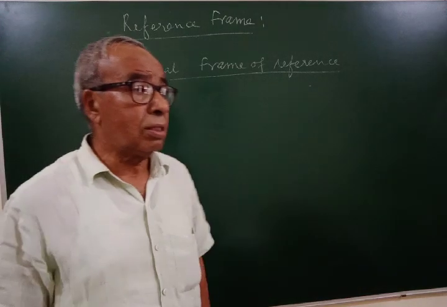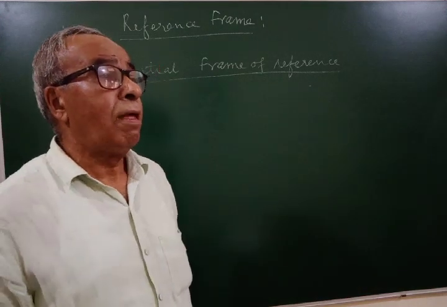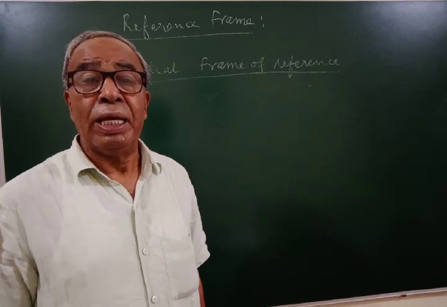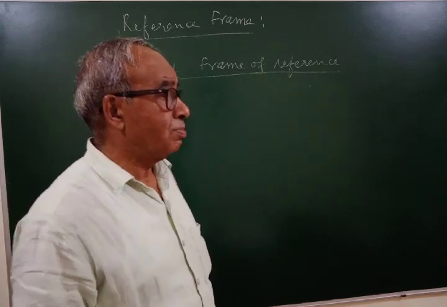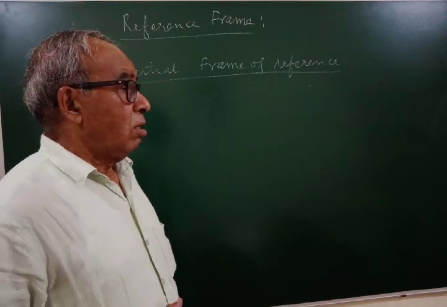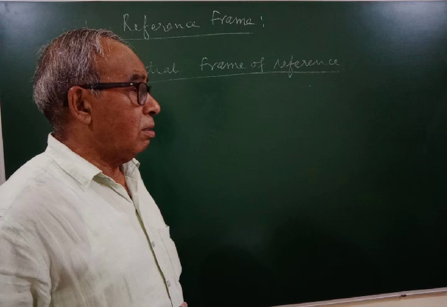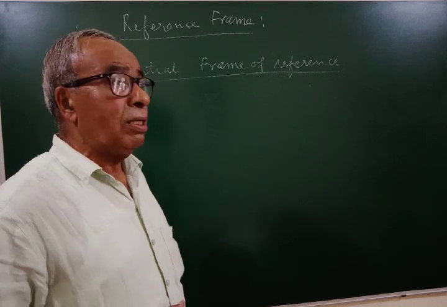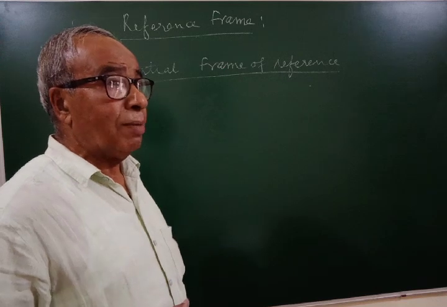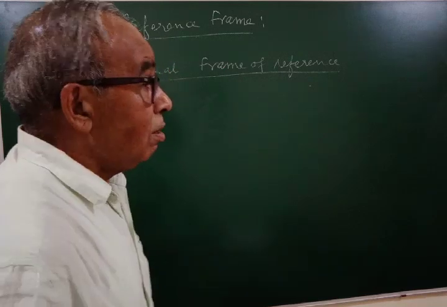In other words, the reference frame in which law of inertia holds good is called inertial reference frame. You can make note from these words: a reference frame in which Newton's first law of motion holds good is called inertial reference frame.